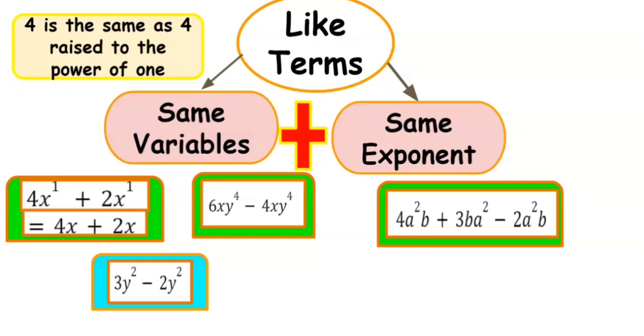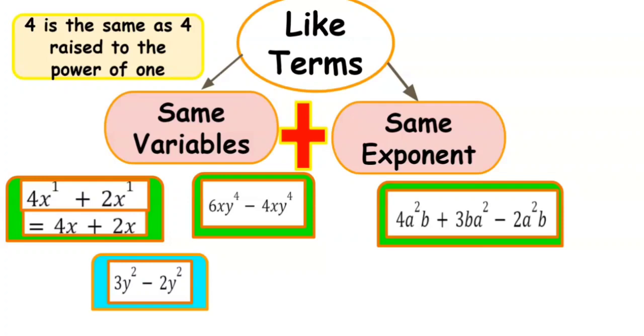So not all the time are they going to fit the problem exactly how we want it, but we have to ensure that even if the order of the variables changes, their exponents are the same. Since the a is the one that is squared throughout, and the b has a power of 1, then these are like terms.